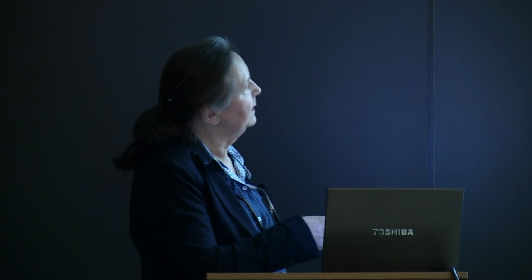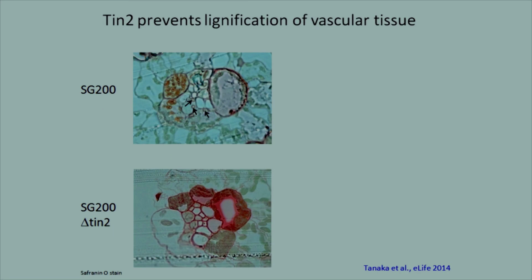And as a result, you see that at the late stages of the infection, where the fungus is in the veins, and you see that here with these small circular structures, there is very little lignification. However, if you do the analysis with the TIN2 mutant, this tissue is heavily lignified, and you do not find the fungus in there.